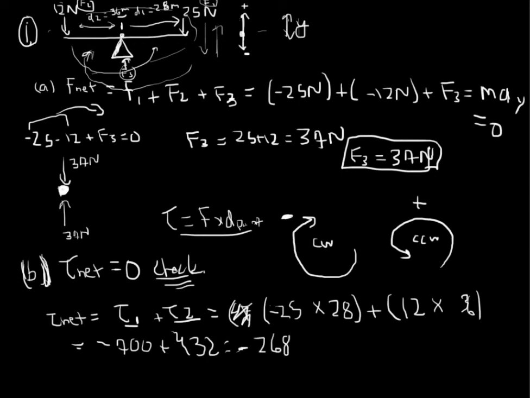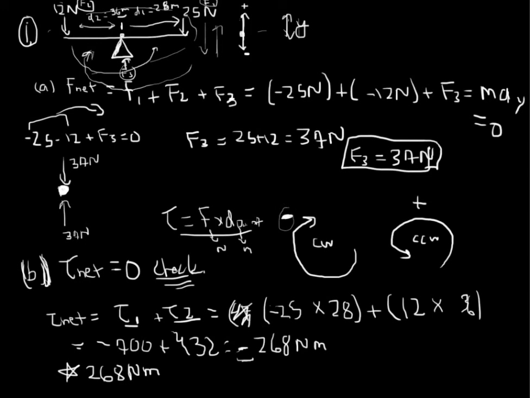And if you ever forget the units, you know that force is in newtons, distance is in meters, so it's newton meters. So what does this really mean? Let's separate the sign from the number. We can conclude that there's a moment of 268 newton meters in the negative direction, and we know that negative is the clockwise direction.